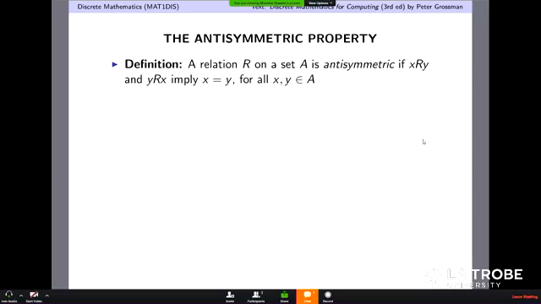Okay, example please. Anyone? X related to Y and Y related to X implies X and Y are the same. The age of twins. Twins, like siblings.